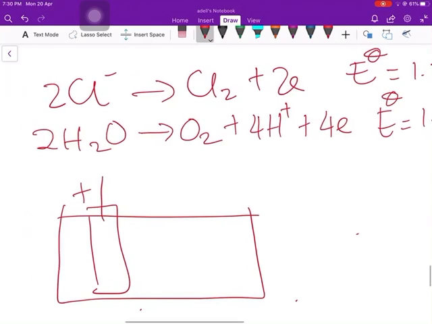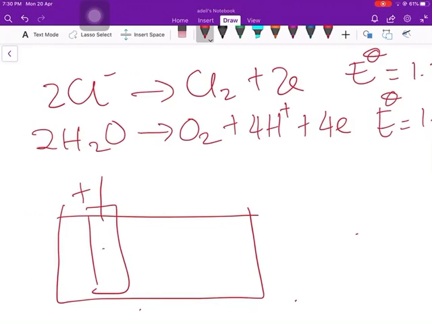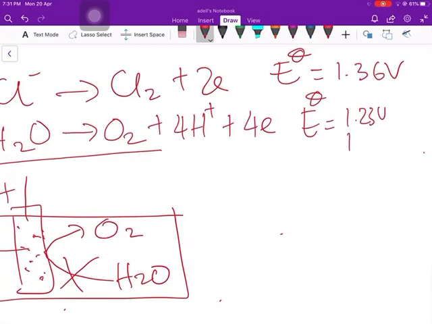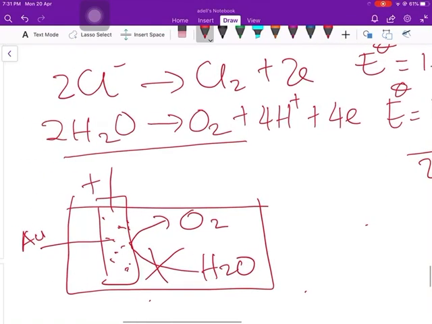But due to the overpotential phenomenon, let's say you use not platinum but other material which can make oxygen slowly produced at the surface, such as gold. Instead of oxygen from water being produced at the surface of gold, due to this overpotential, you must add 1.02 in order to produce oxygen if you use gold.